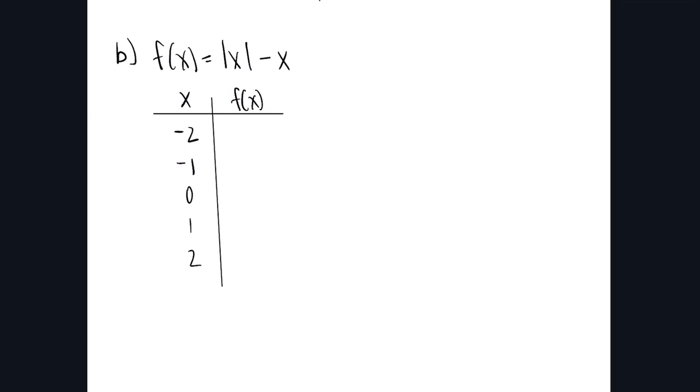I'm going to replace each of my x's with the -2 to 2. So if I replace the x's with -2, absolute value of -2 minus -2. What does an absolute value do? It makes it a positive. So this is +2. Subtract a -2, what does that turn into? Turns into a plus. So we have 2 plus 2 is 4.